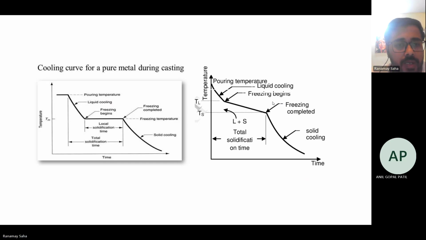Because of this, there are some consequences in the freezing pattern that follows. There is a range of temperature, right? So a range of temperature means there are different dendrite formations which take place. Because of those dendritic formations, there is a compositional gradient also that follows.